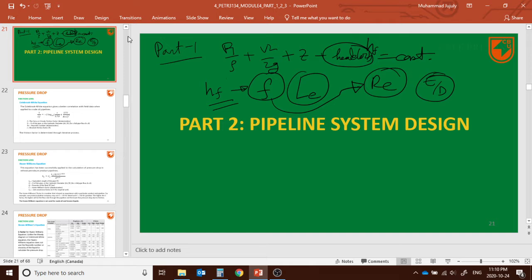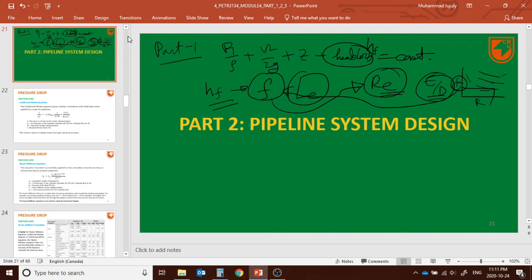Using the Moody's chart, which is F versus R and the relative roughness, we can obtain F.